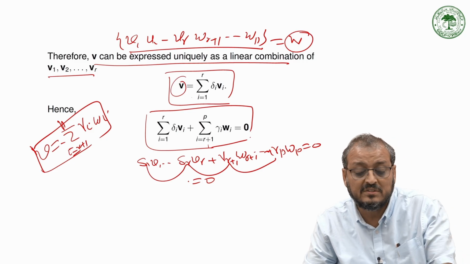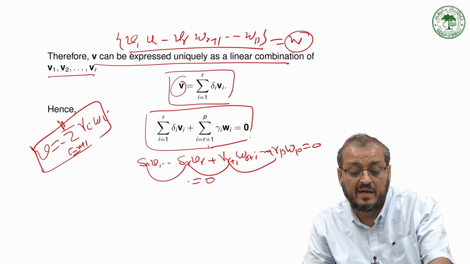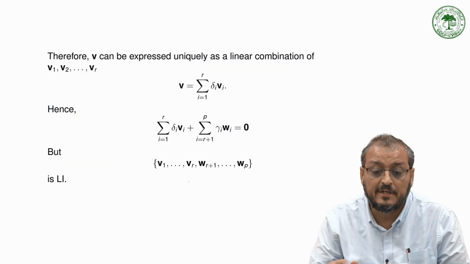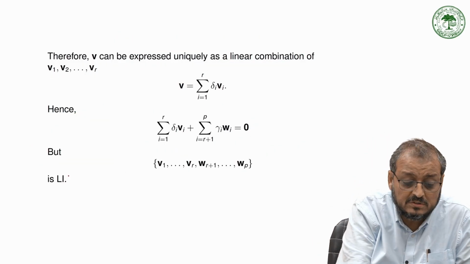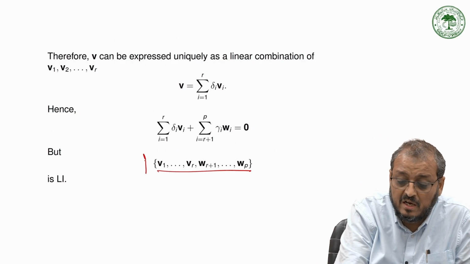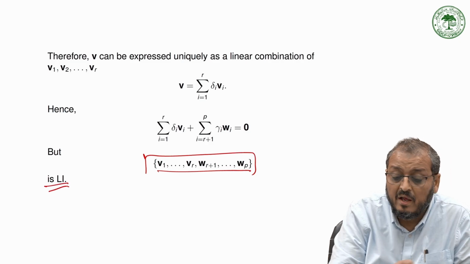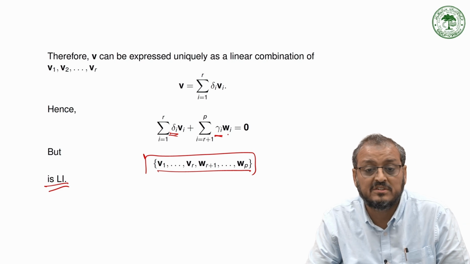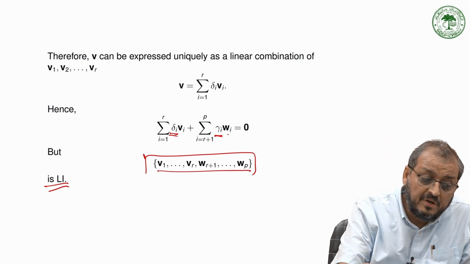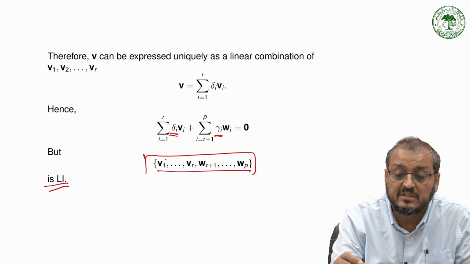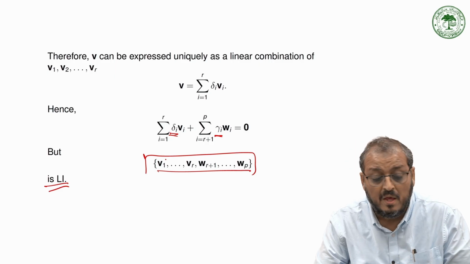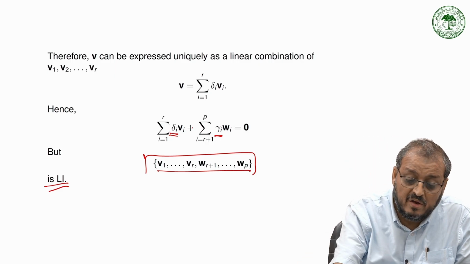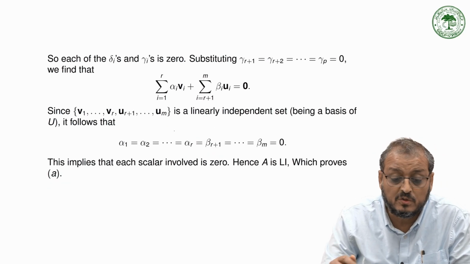So each of the delta i's and gamma i's is equal to 0. Each of the alpha i's and gamma i's is equal to 0.